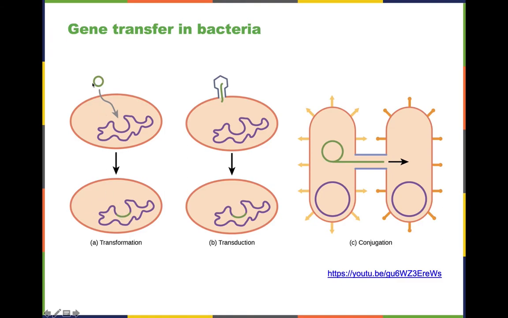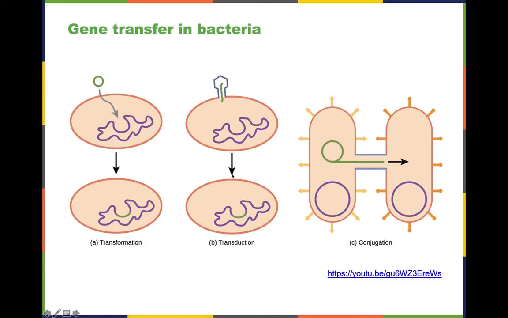Or if it's a plasmid that can replicate independently on its own, it can just stay independent, which is not incorporated into the chromosome. And we saw this when we were talking about cloning. We use transformation to get recombinant plasmids into cells.